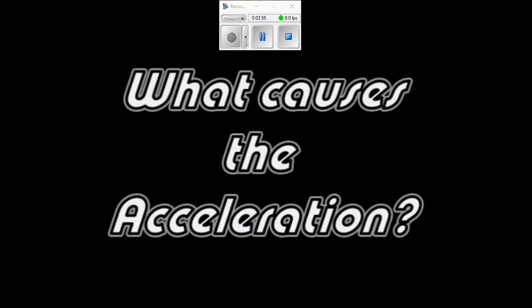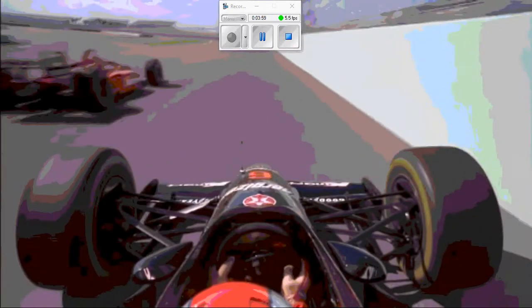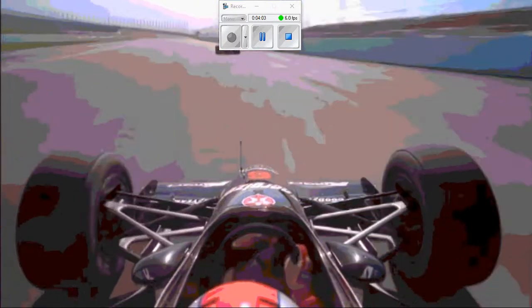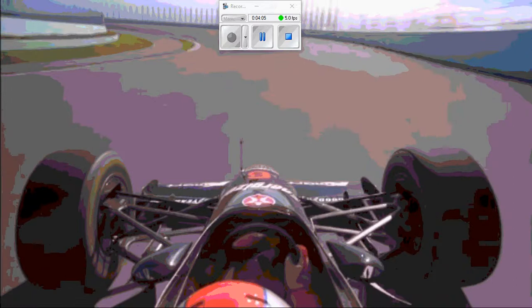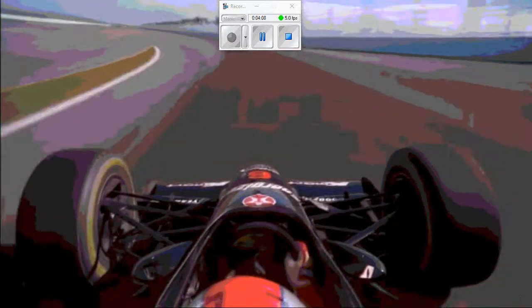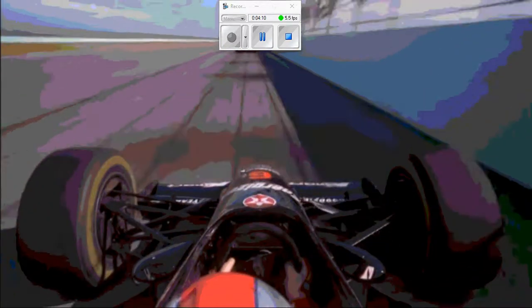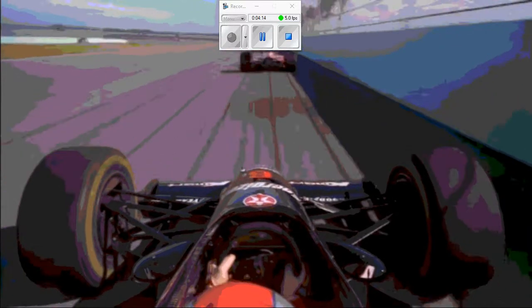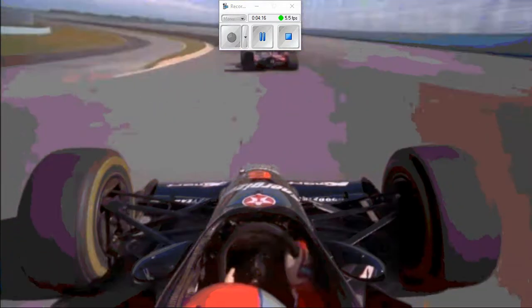What causes the acceleration? Well, that depends on what you're talking about. In this case, what is causing this car to go around in a circular path? The answer is obviously the friction. The friction of the tires on the road is causing it to go in a centripetal path, combined with a normal force, because the force of friction is mu times Fn.